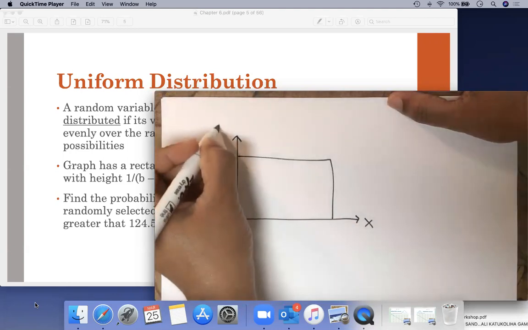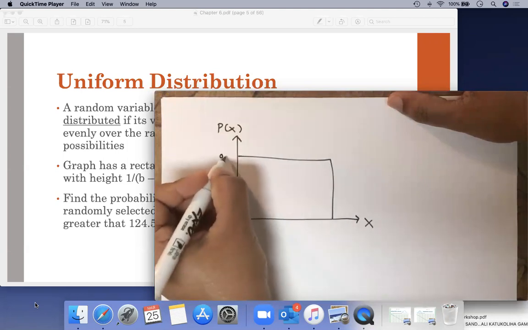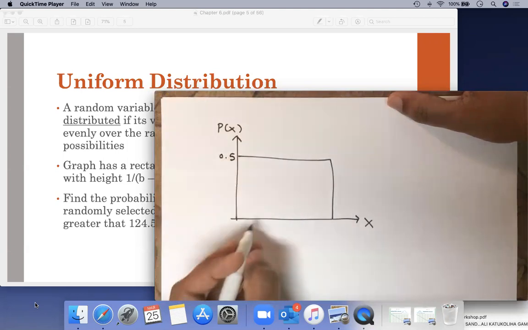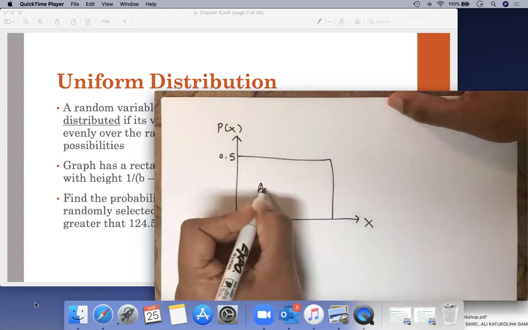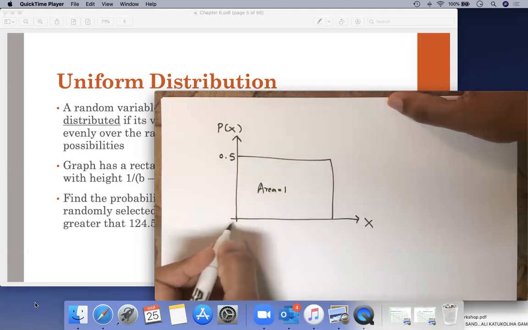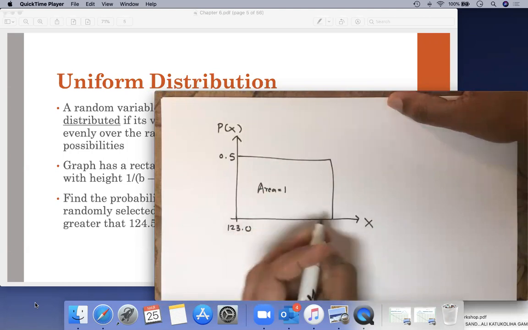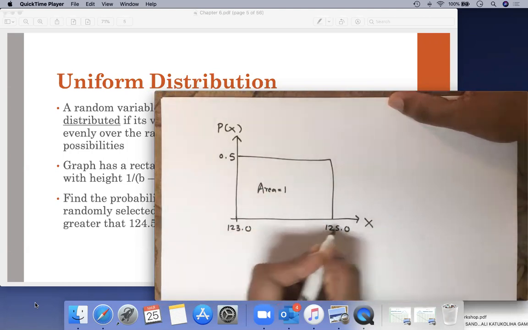This is the probability of getting x. Then here it's 0.5. The whole area is 1. Here the value is this. This end it's 125.